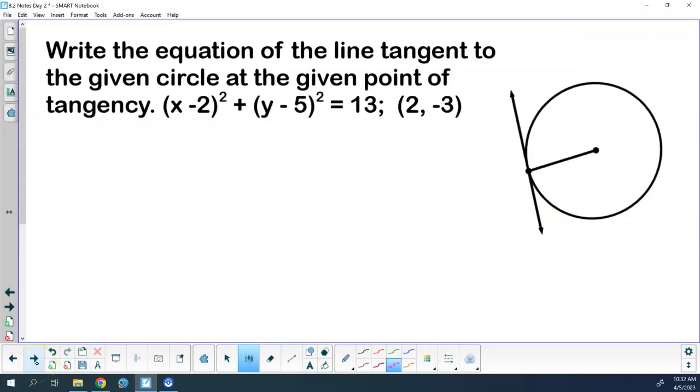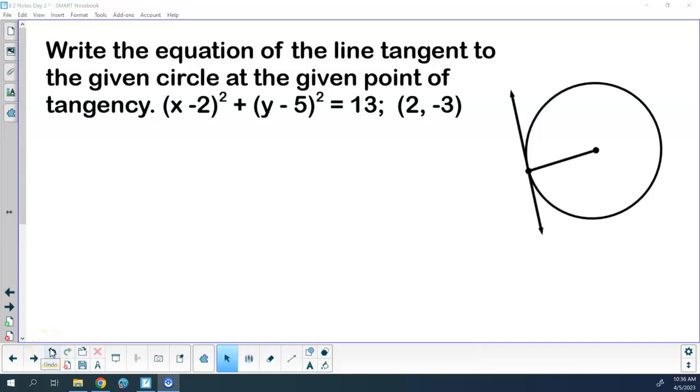I want you to try one. Write the equation of the line tangent to that given circle at this given point of tangency. The equation of the circle is (x minus 2) squared plus (y minus 5) squared equals 13. The point of tangency is (2, -3). Find me the equation of the tangent.